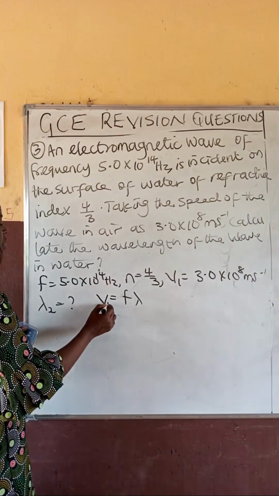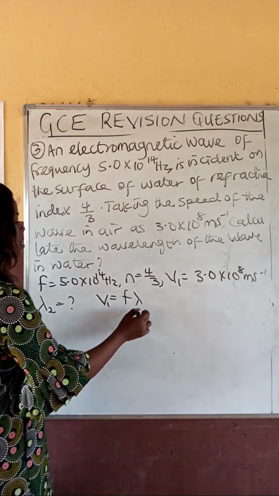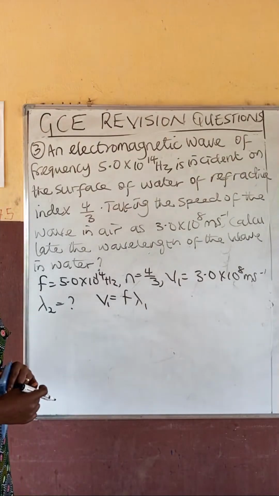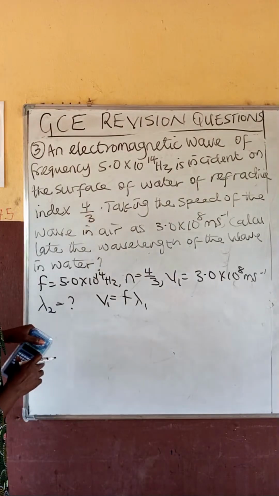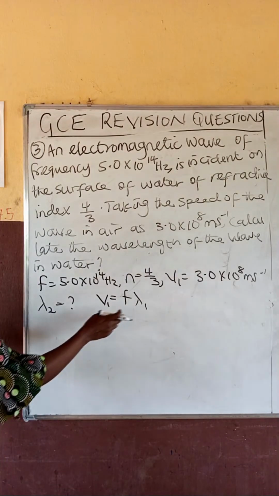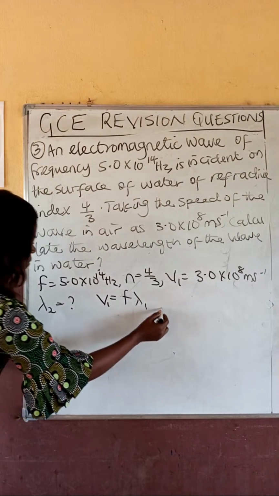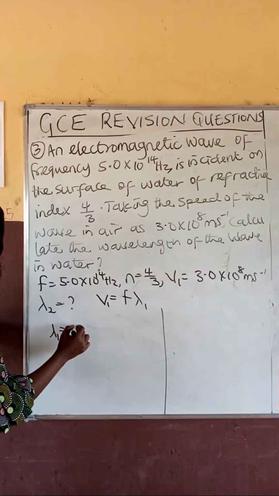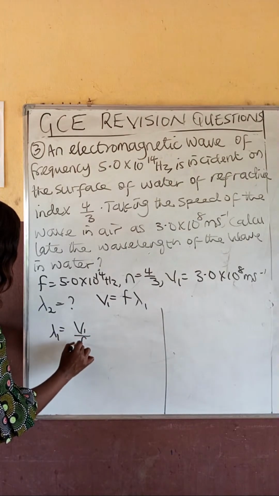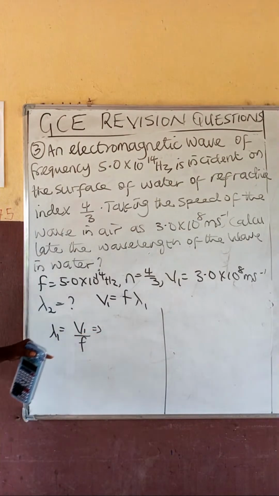This becomes the speed in medium 1 and the wavelength in medium 1. So you are going to find this wavelength in medium 1, that becomes V1 over F.